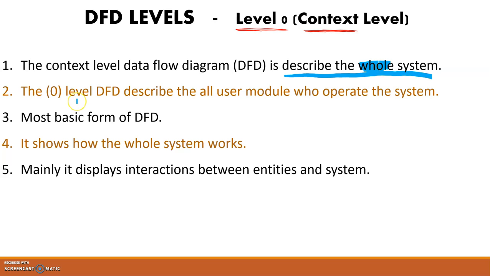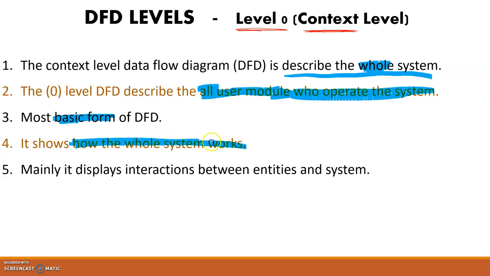Then the zero layer DFD describes all the user modules, right? All the user modules who operate the system, like which entity is associated with which process. It's a very basic form of DFD, right? It shows how this whole system works.